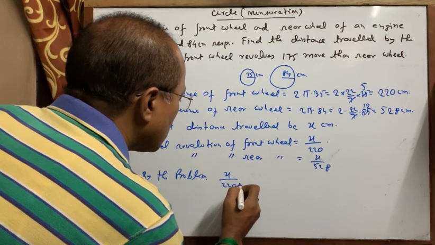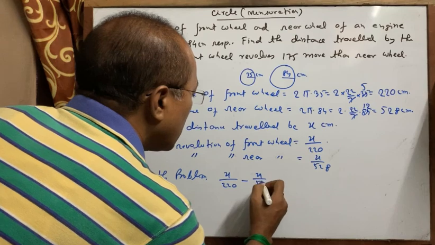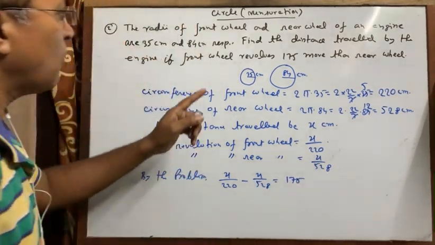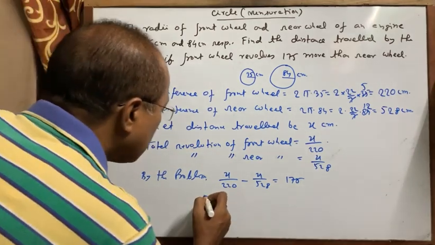So, by the problem, x by 220 minus x by 528 is equal to 175.